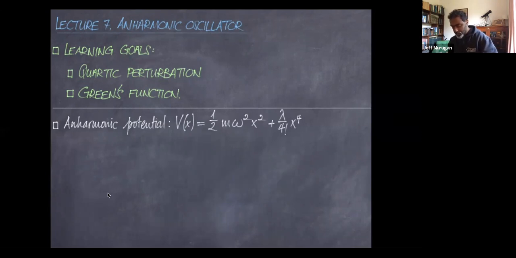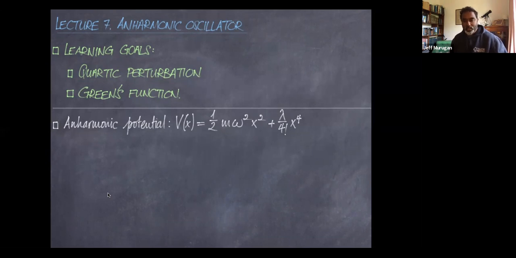So what you can see here is that this first piece in the potential is nothing but a simple harmonic oscillator. And then added to this oscillator is this quartic perturbation. There are many different types of anharmonic oscillators out there. Basically, you start off with a harmonic oscillator and you perturb it by some further interaction. In this case, we're starting off with a harmonic oscillator and we perturb it with a quartic interaction.